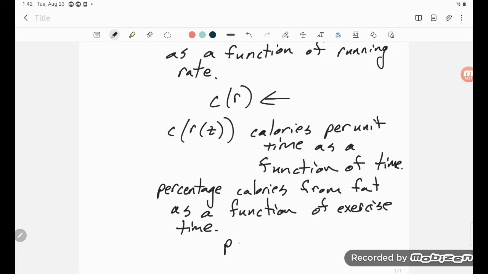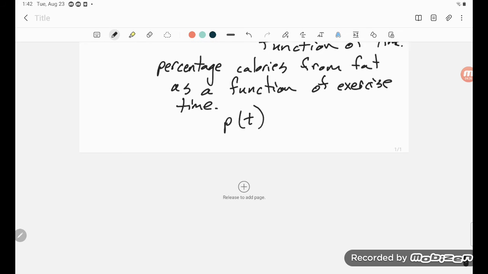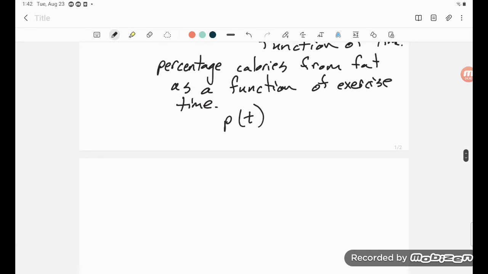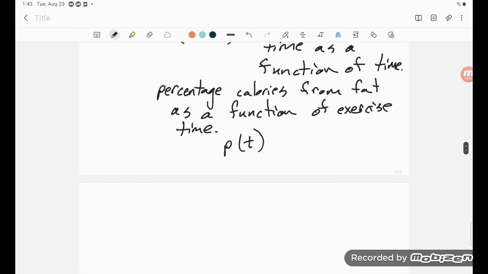So here was some P of T, and so what I was able to do then was get my final answer of C of R of T times P of T.